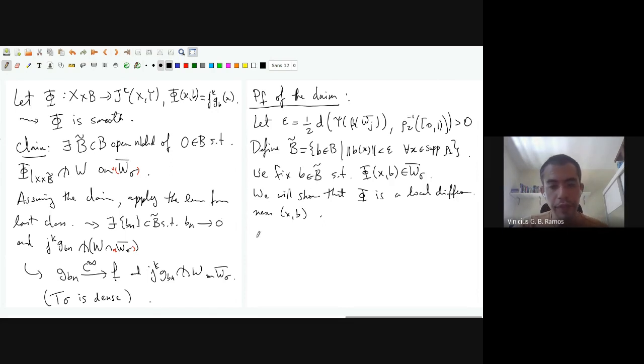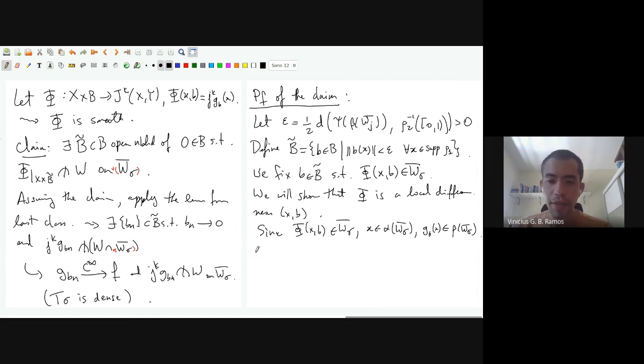Okay. So since we're assuming we're taking a point on W sigma bar, since phi of xb is in W sigma bar, then we have that x is in alpha of sigma W sigma bar, and GB of x is in beta of W sigma bar, because GB of x is just beta of this guy.